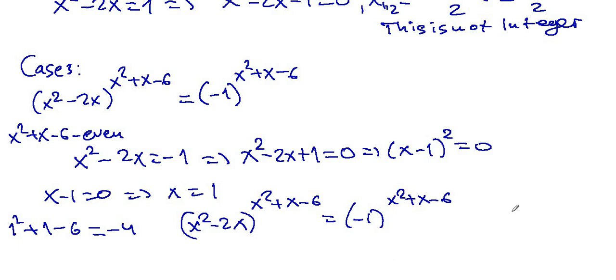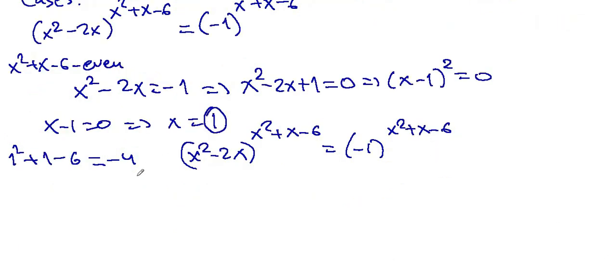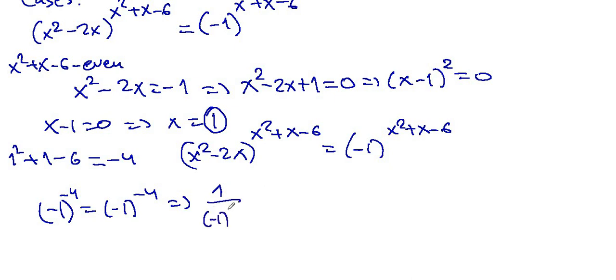If we substitute 1 for x, we get (minus 1) to the power of minus 4 is equal to (minus 1) to the power of minus 4, right? Since the exponents are negative, we get 1 divided by (minus 1) to the power of 4, equal to 1 divided by (minus 1) to the power of 4, and this is equal to 1. So we can conclude the second solution of our equation is x is equal to 1.